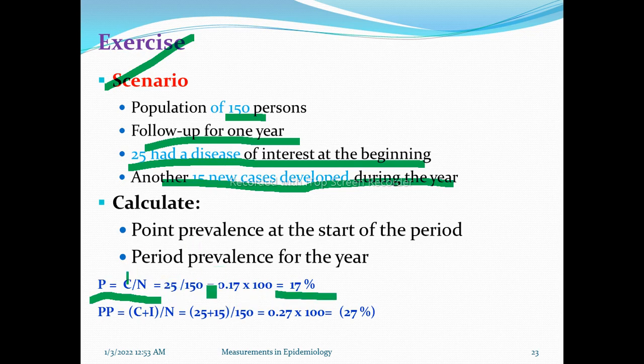Point means a specified point in time, not follow-up, so you take the beginning. Whereas period prevalence means point in time plus follow-up. Incidence means follow-up over population. Meaning 25 as the point in time, as the beginning, plus 15 during the follow-up period, over 150, so this is 27%. So period prevalence is 27%, point prevalence is 17%.